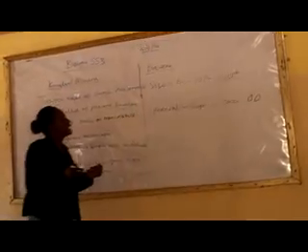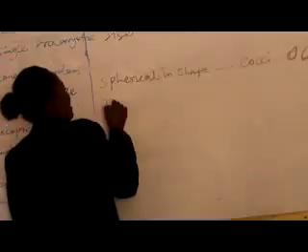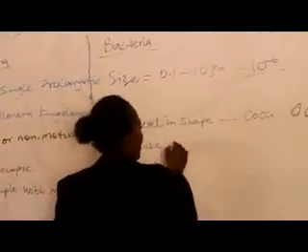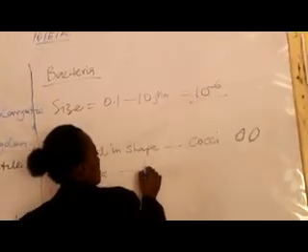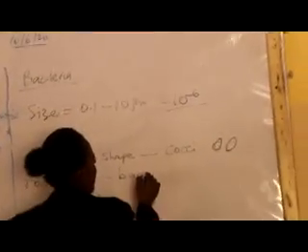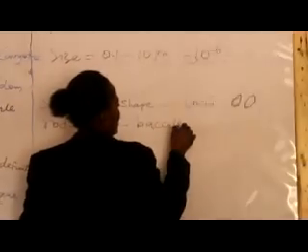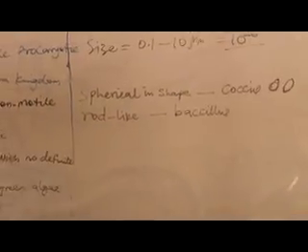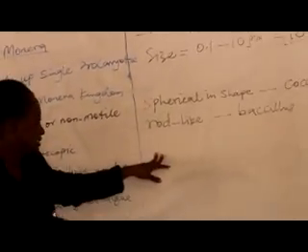When they are rod-like bacteria, we call them bacillus. Bacillus or coccus. Then some of them can be in chains.